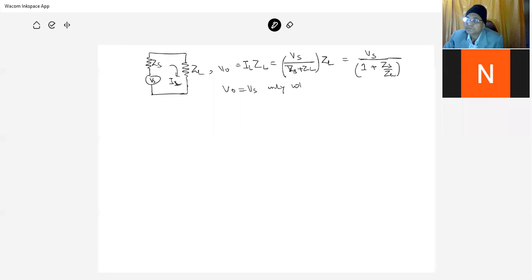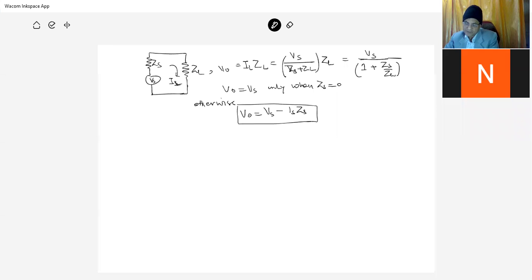So this V0 is equal to VS only when ZS is equal to 0. Otherwise, V0 is equal to VS minus IS ZS.